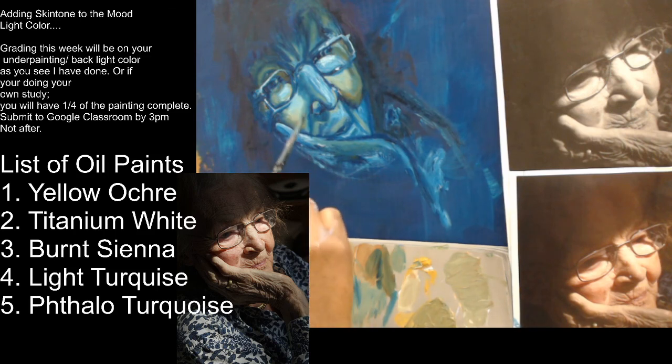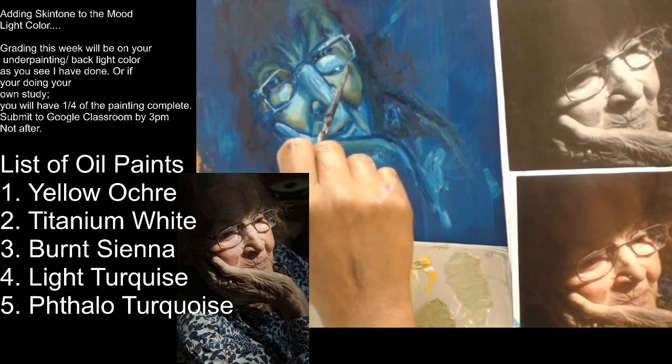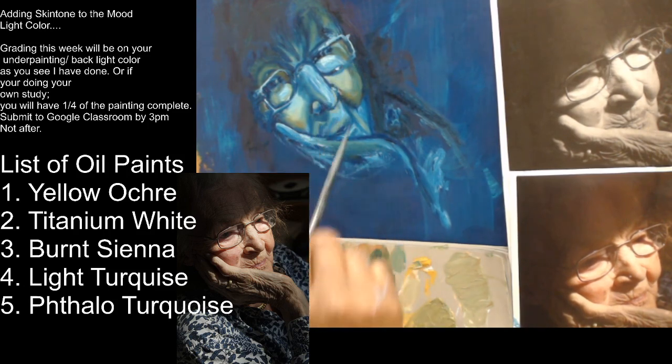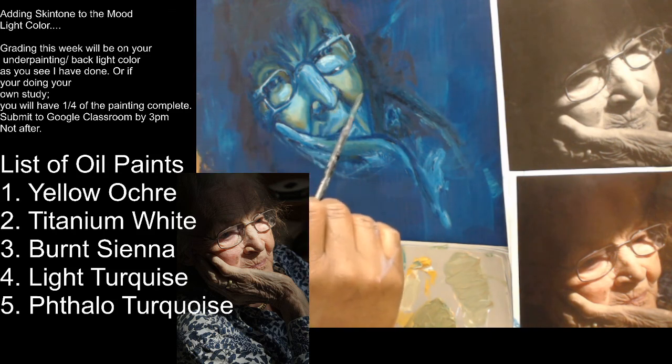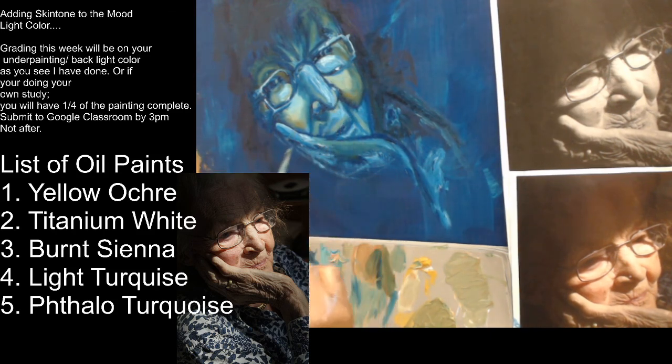That's why I want you to not blend so much. So you lay it and you leave it more than you are blending it together. That would definitely help to keep the green away. So lay, don't blend.